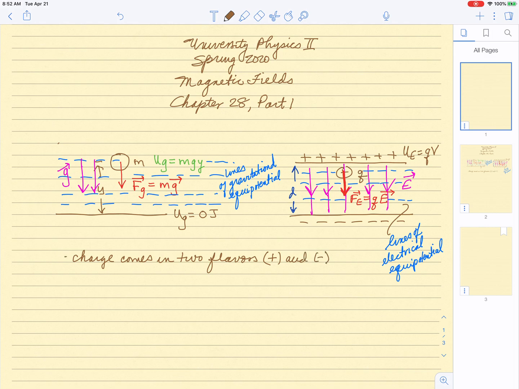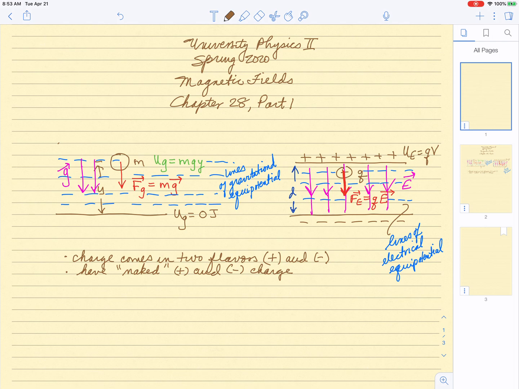And even though it seems common sense to us, because we know lots about chemistry and now lots about electrostatics, right? We can actually have naked positive and negative charge.